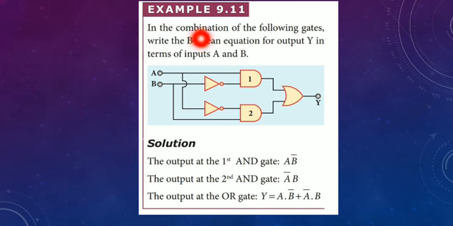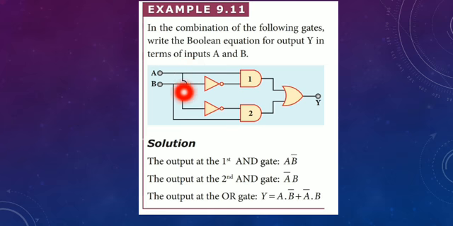In the combination of the following gates, write the Boolean equation for output y in terms of inputs a and b. See, a is an input of an AND gate and b is also an input of that AND gate but attached to a NOT gate, so the input of the AND gate is b bar.